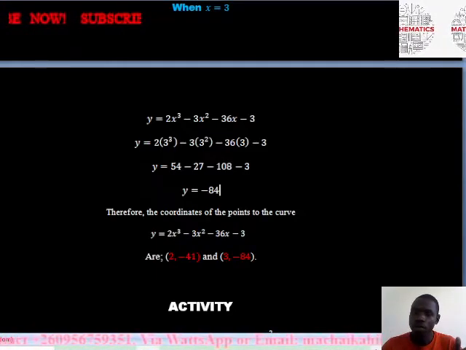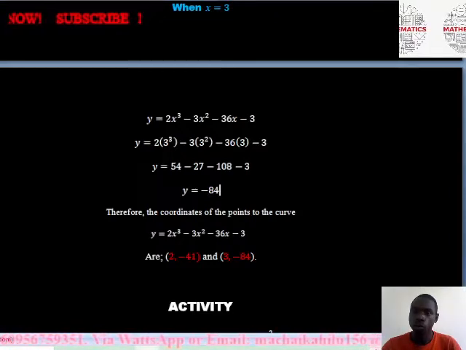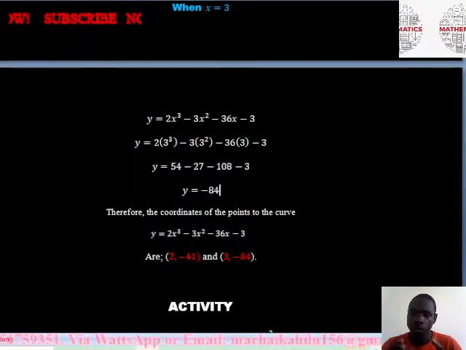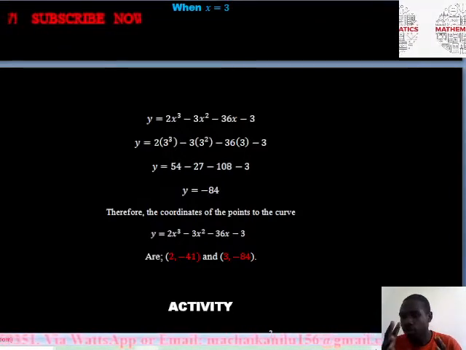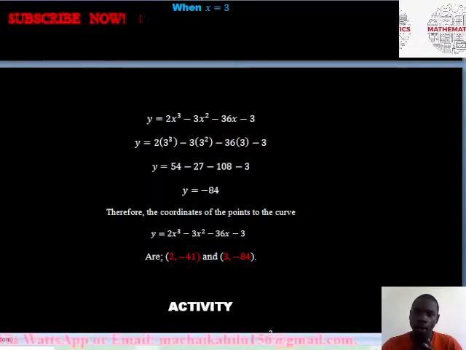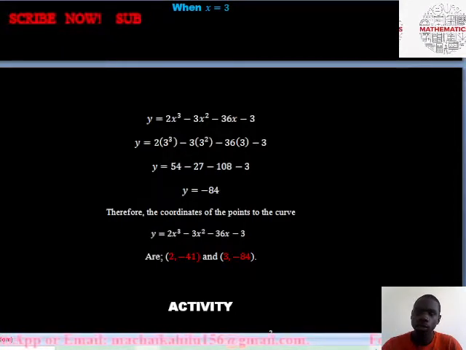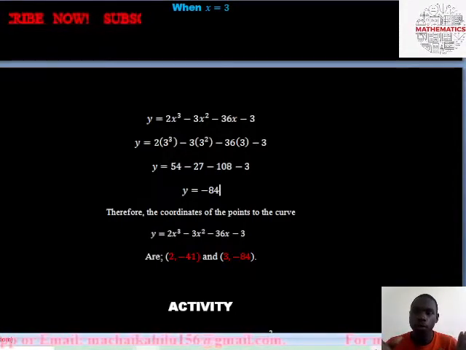All you need to do is just, first, you need to differentiate your curve. After differentiating your curve, you need to transform that curve to a quadratic function. After transforming it to a quadratic function, ladies and gentlemen, you can use any method.